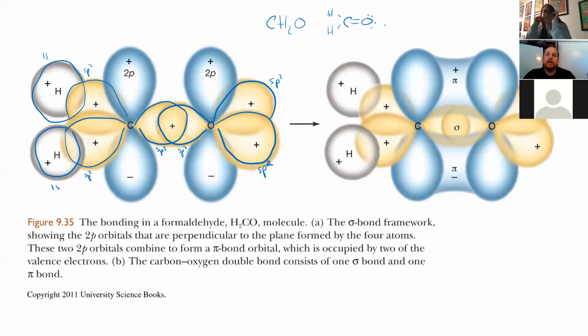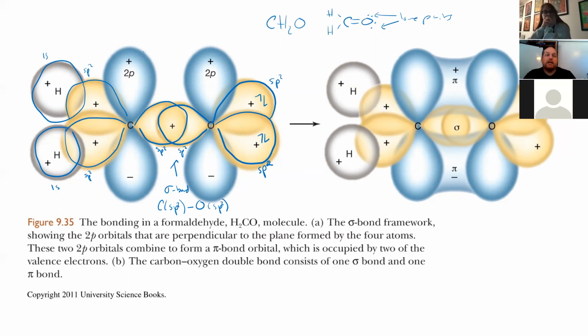You'll notice that if we look at the Lewis structure, you've got a couple of lone pairs of electrons. Those are going to reside in these orbitals over here. And you're going to get a bond there that's a sigma bond, where you get the overlap of the carbon sp2 hybrid orbital to the oxygen sp2 hybrid orbital.